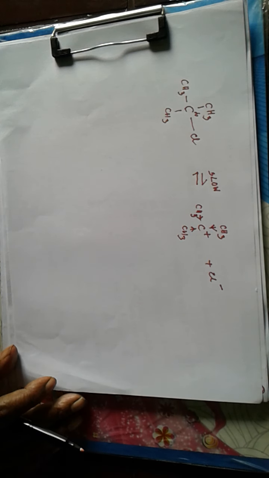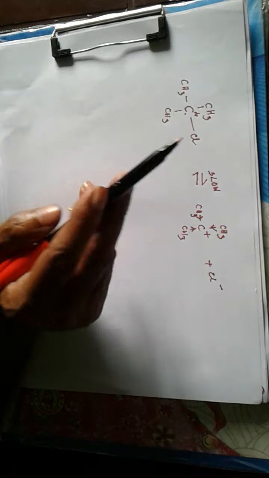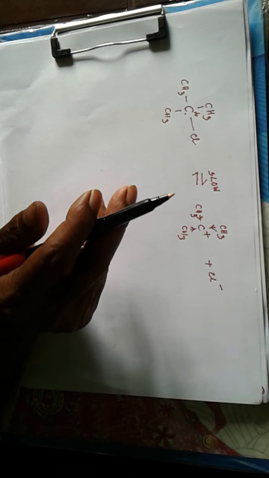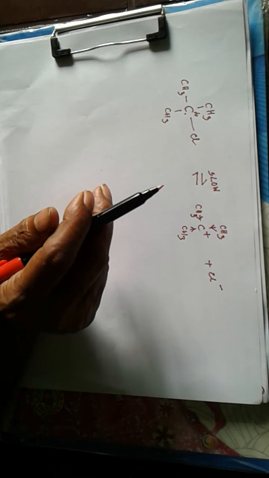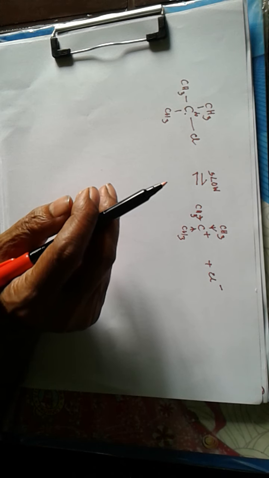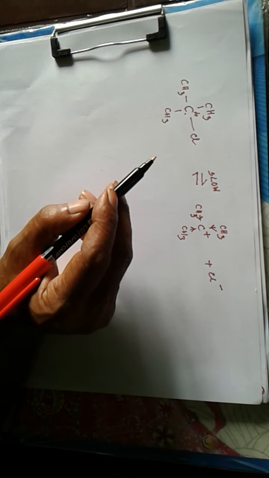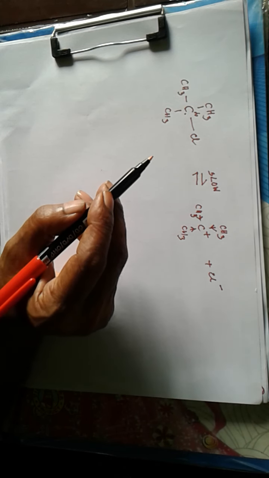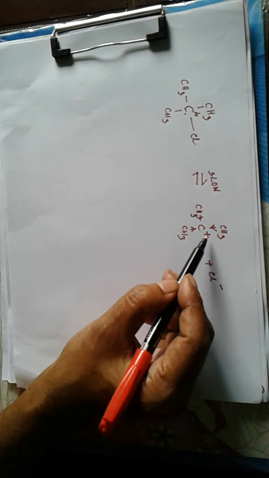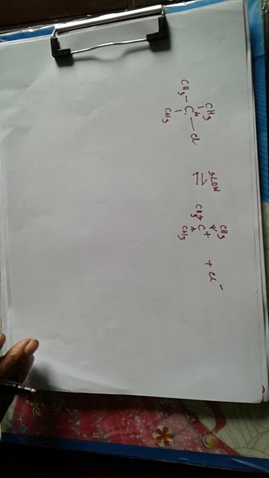Then the bond gets further stretched, so that the positive charge over alpha carbon increases in magnitude to such an extent, say 0.8 or 0.9 delta positive. Then there is maximum stabilization attained for the carbocationic species to be formed by hyperconjugation and inductive effect, and the potential energy decreases, and when it reaches the t-butyl carbocation, the stabilization is at the maximum.